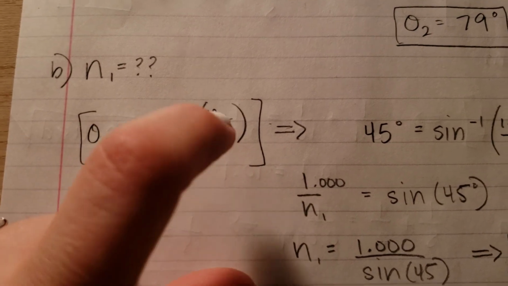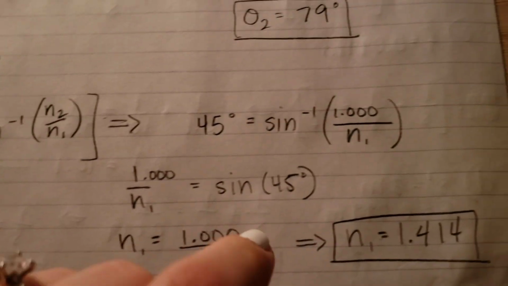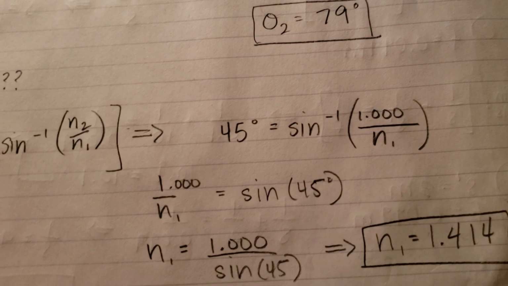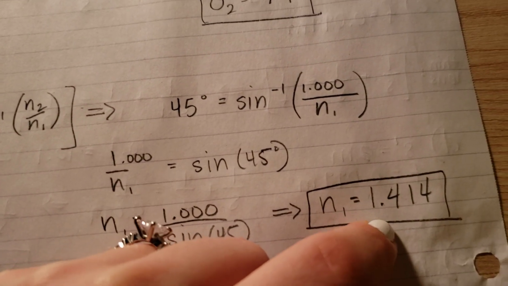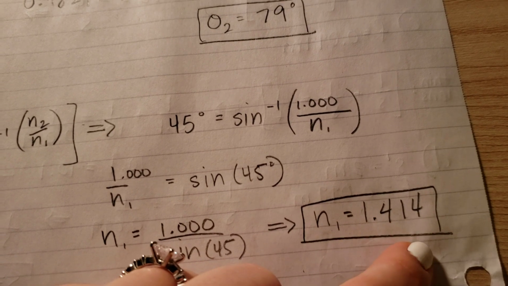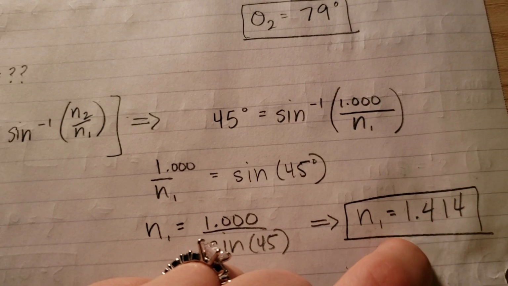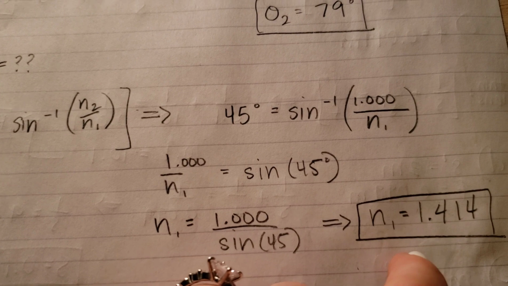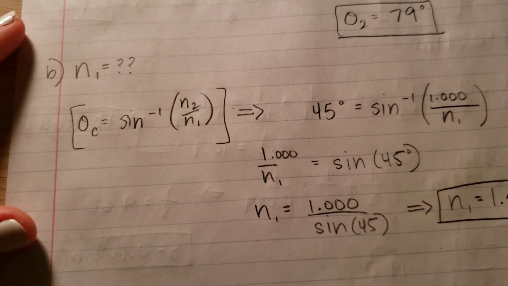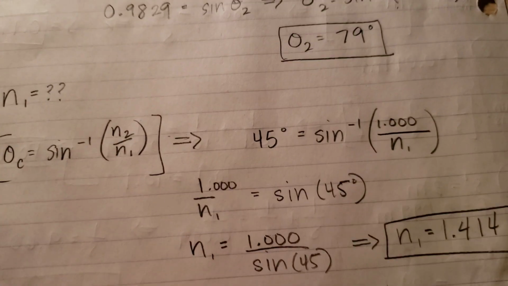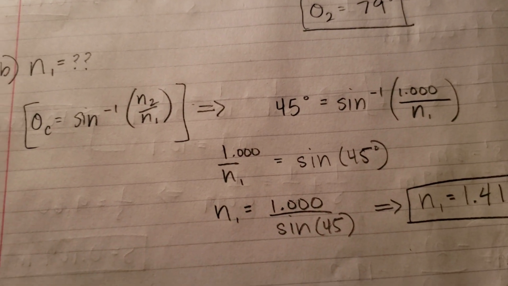So we have everything other than n1, so we can just plug those in and solve. And for n1, we get 1.414. So that's how large the index of refraction of the glass would have to be for total internal reflection to occur at 45 degrees, or for all of the light to be reflected back into the prism.